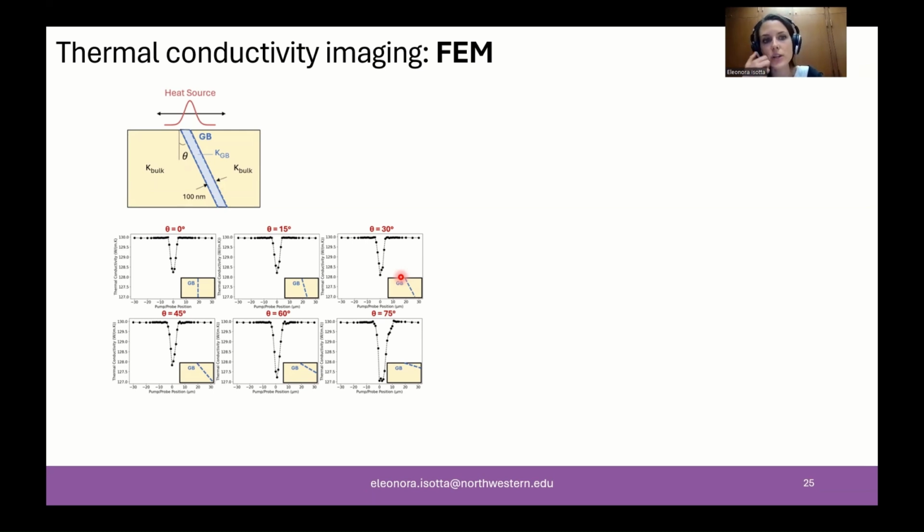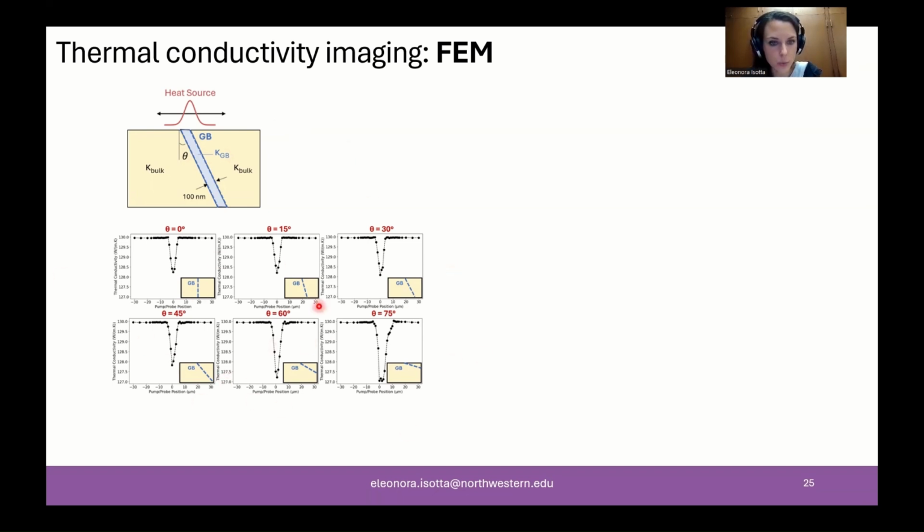So to address this question, we decided to build a finite element model of a grain boundary, and to basically simulate an FDTR experiment by scanning a heat source, replicating the experiment in the finite element model, and extracting the corresponding thermal conductivity profile as a function of the angle theta, where theta is the angle between the grain boundary and the sample vertical.